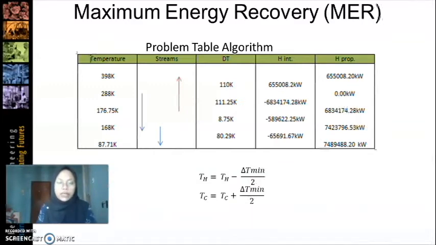And for PTA, the temperature will be shifted by using this formula, and then the shifted temperature will be arranged from the highest to the lowest, as shown over here. And then the temperature difference and heat capacity have to be calculated in order to find the heat duty for every temperature difference.